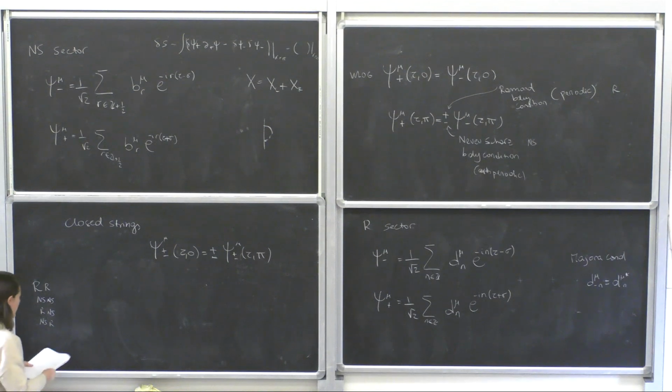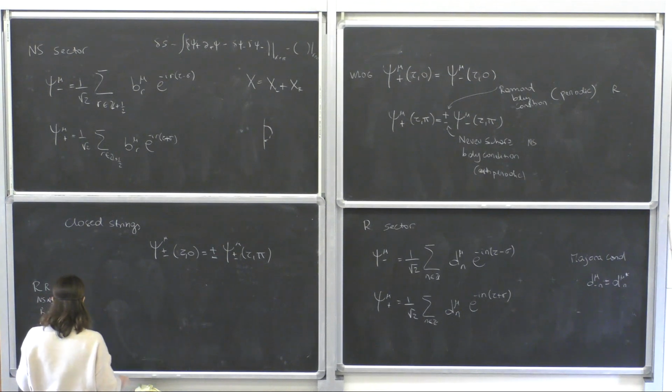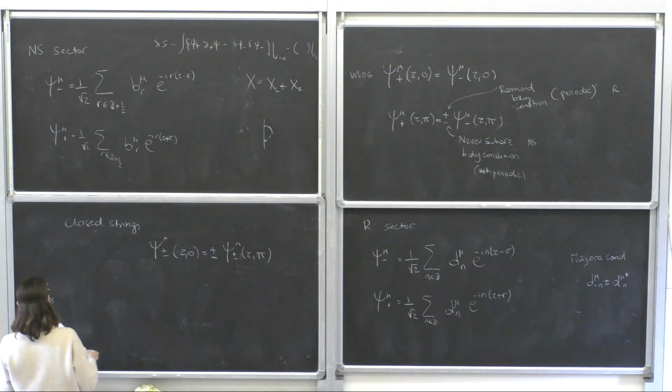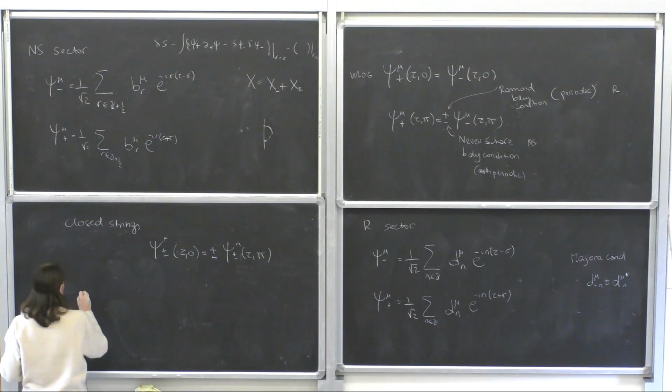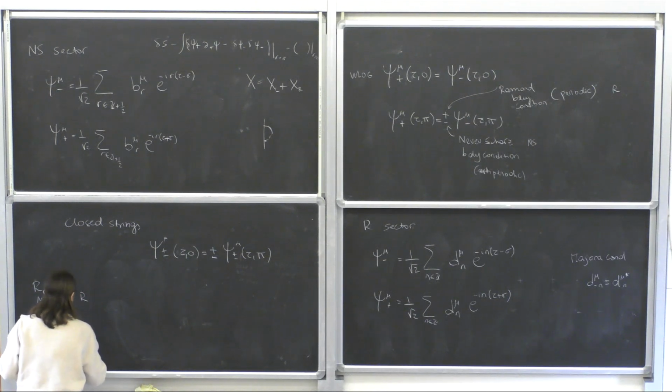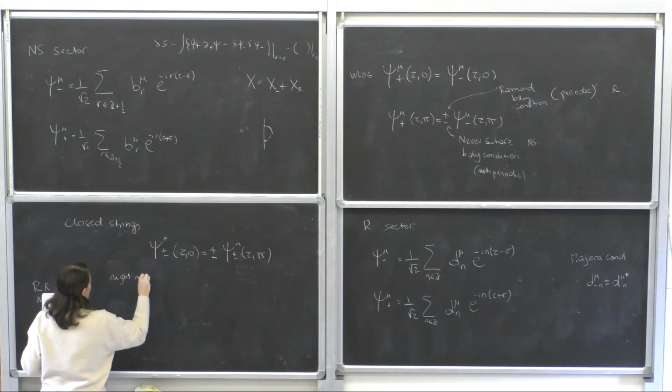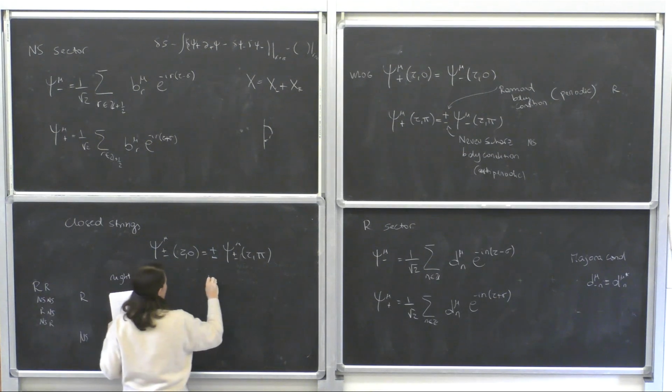Ramond-NS and NS-Ramond. And the expansion is exactly the same expansion that you saw there, but with the 2 in the exponential. So we have R and NS, and then right movers and left movers.